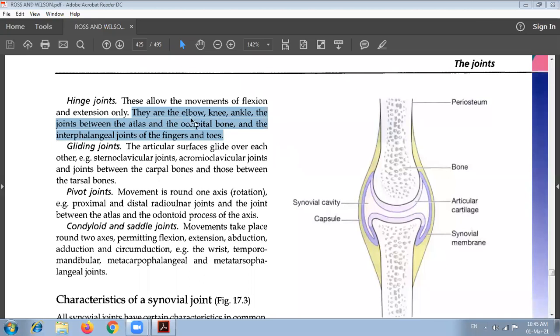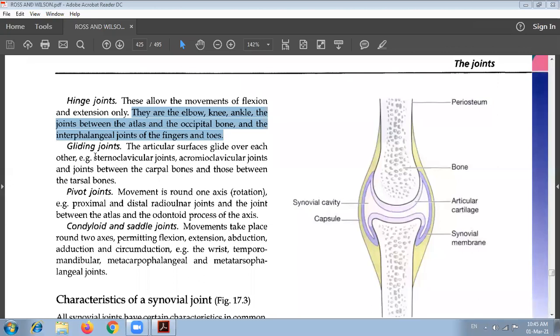Here you can see the elbow, knee, ankle, then the joints between the atlas and the occipital bone, then the interphalangeal joints of the fingers. Fingers have a hinge joint. You can bend your finger and open it up to a 180-degree movement. So all these are hinge joints.